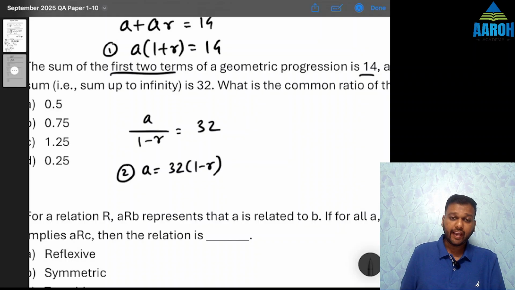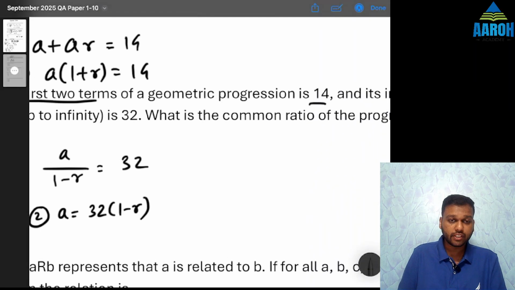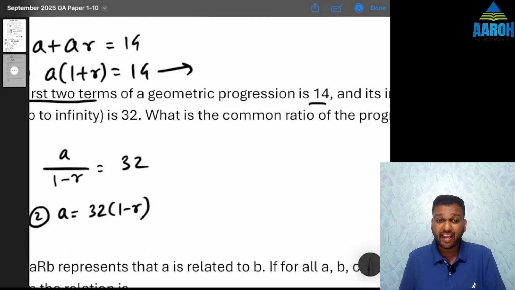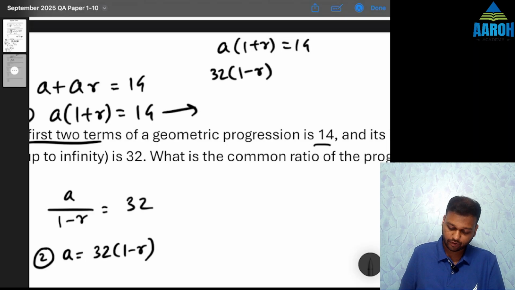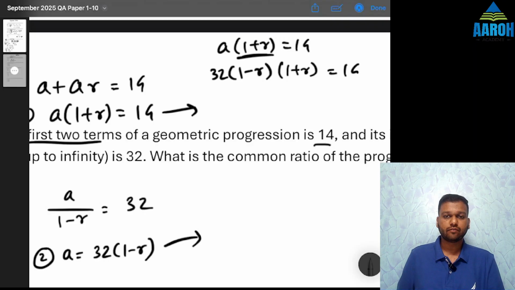We already know that A is equal to 32 into 1 minus R. So let's use this first equation and put A as 32 into 1 minus r. So instead of writing A into 1 plus r is equal to 14, now instead of A I will write 32 into 1 minus r from this equation, into this 1 plus r remaining is equal to 14.